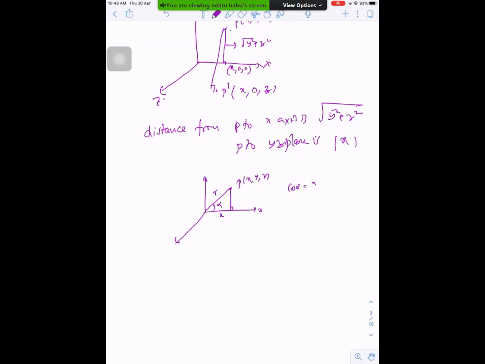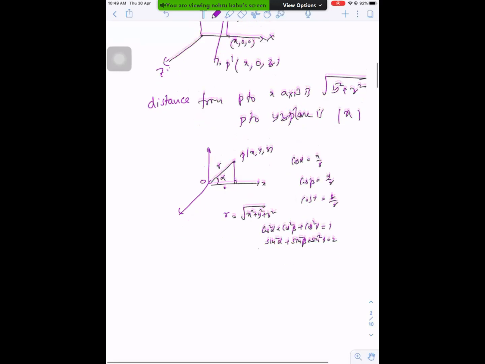So cos alpha equals x by r, cos beta equals y by r, cos gamma equals z by r, where r is the distance of that point, which is exactly root of x square plus y square plus z square. So from this, cos square alpha plus cos square beta plus cos square gamma equals 1. Similarly, sin square alpha plus sin square beta plus sin square gamma equals 2.